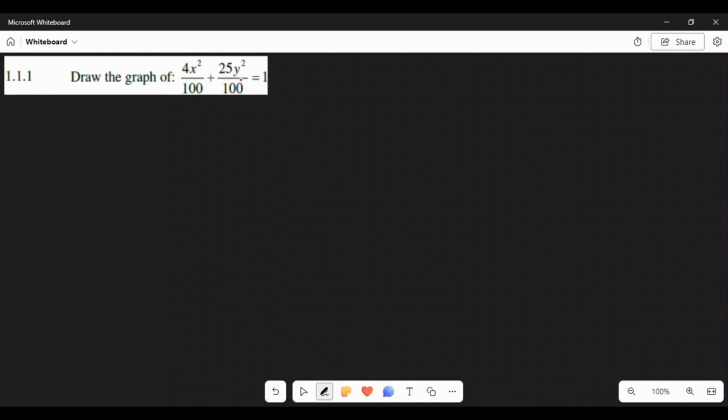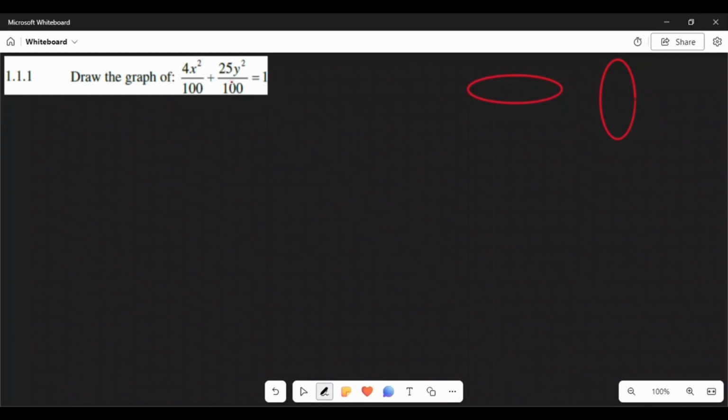If you don't know what an ellipse is, it's a graph that has a shape like this or like that. It's more like a circle, but not really, more like an American football shape, or a rugby football shape. So this is how it looks.